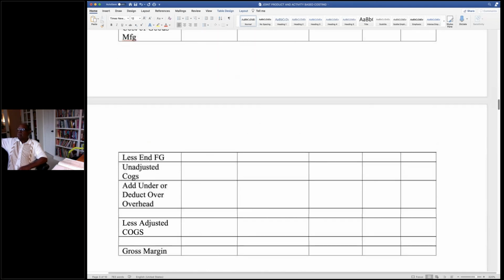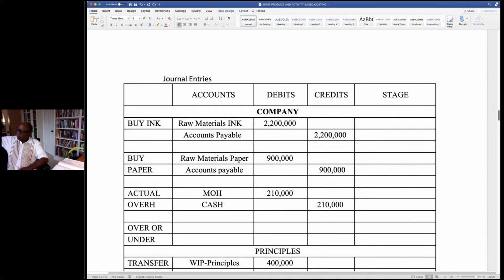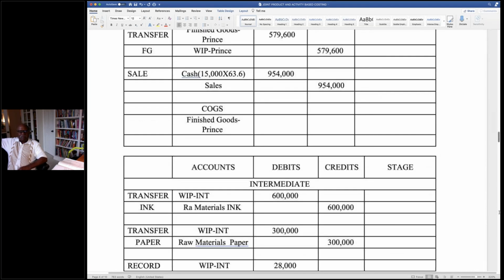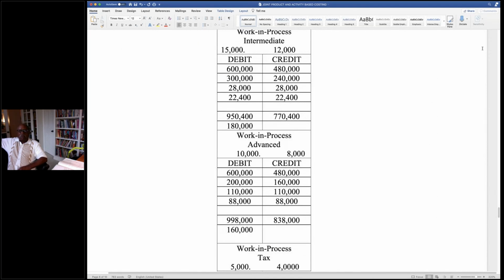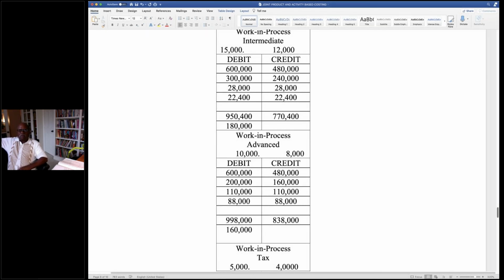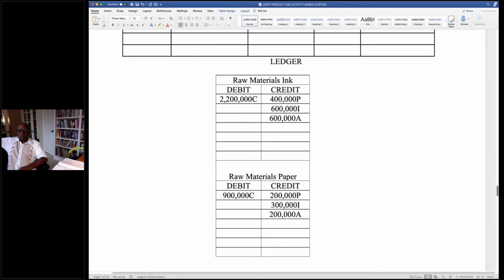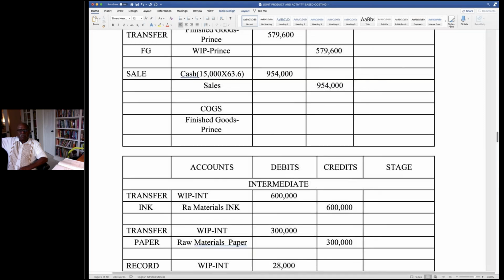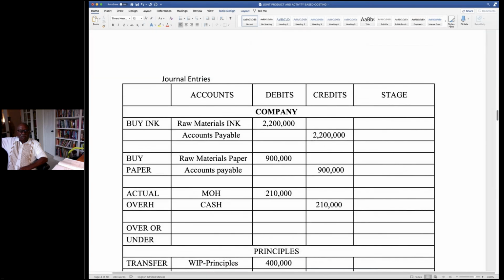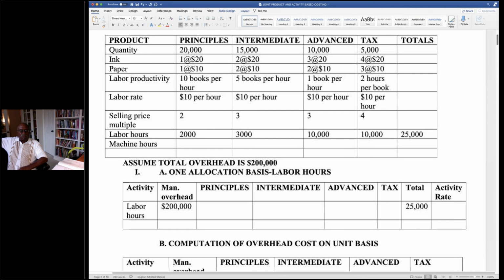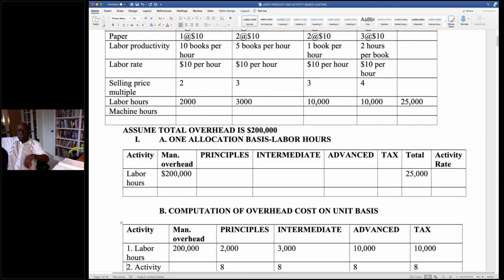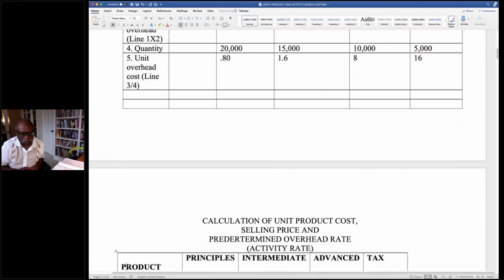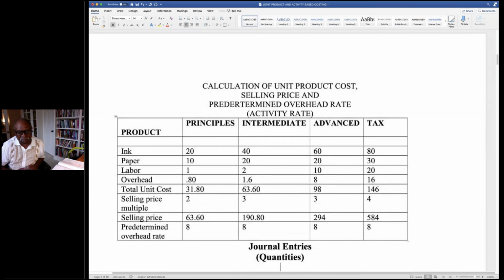And then we're gonna go and look at tax, Jacqueline, because I don't think we did that too. What was y'all's sales again for tax? I know it was like 1,752,000. Okay, 1,752,000.